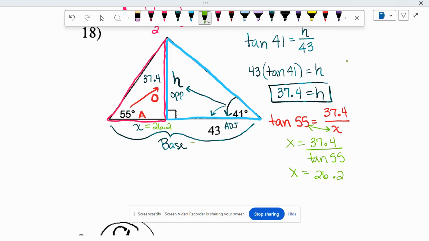So if X is 26.2, what is the measure of the whole base? Well, 26.2 plus 43 is 69.2. So the area equals 1/2 times the base, 69.2, times the height, which is 37.4.